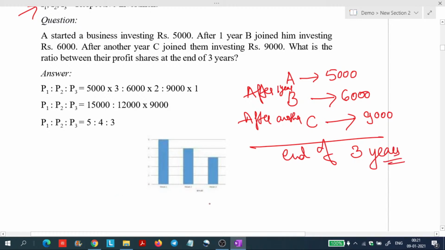Here, what is the ratio between their profits at the end of the 3 years?